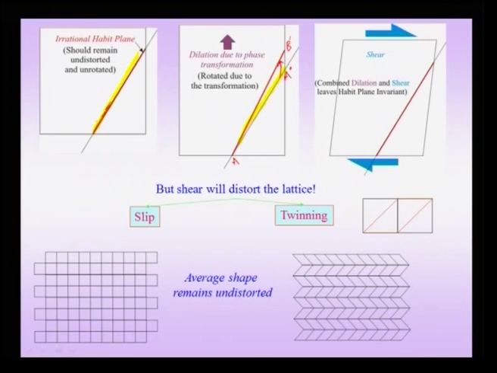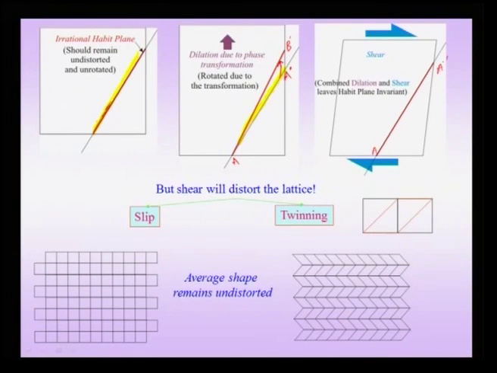Now, to accommodate the fact that you do experimentally observe an invariant plane strain condition, we can understand it by imposing what we call secondary shear. The secondary shear can cause shear of this structure, and bring the plane, originally plane black, to the A prime condition.